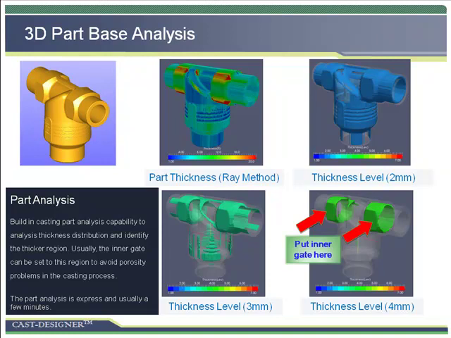Usually, the inner gate can be set to such region to avoid porosity problems in the casting process. The analysis result includes part thickness in ray method and 3D thickness level to show the global thick region in different level. The part analysis is purely geometrical base, so it takes only a few minutes.